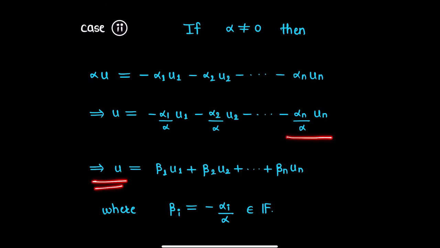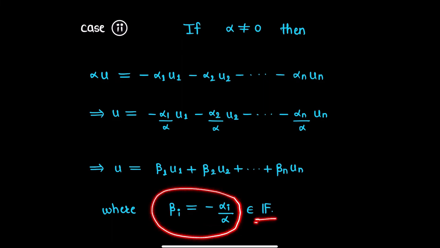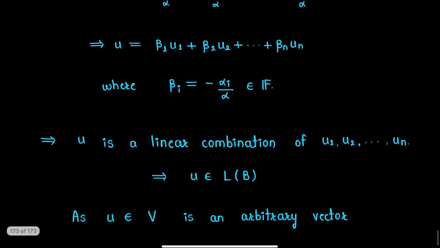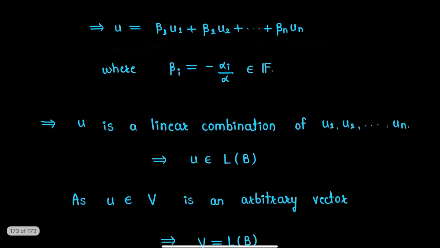This implies u can be written as beta 1 u1 plus beta 2 u2 plus and so on plus beta n un, where each beta i is equal to minus alpha i divided by alpha, which is some scalar in field F. Now from here we can say u is a linear combination of these n vectors u1, u2 up to un, and therefore u belongs to the linear span of set B.